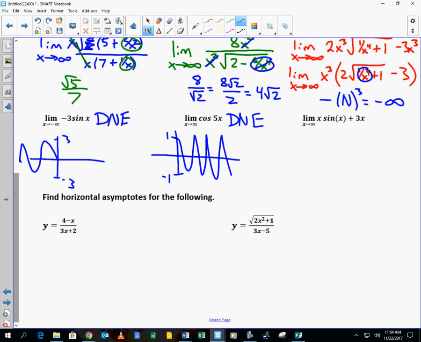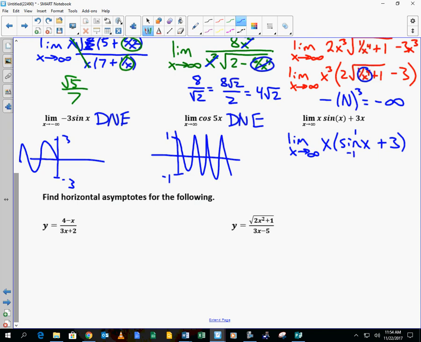But this one, I got no idea what it looks like. But I could factor out an x, couldn't I? And maybe if we factor out an x, maybe that will tell me something that I want to know. And it does. Because I know that sine stays between what two values? Negative 1 and 1.